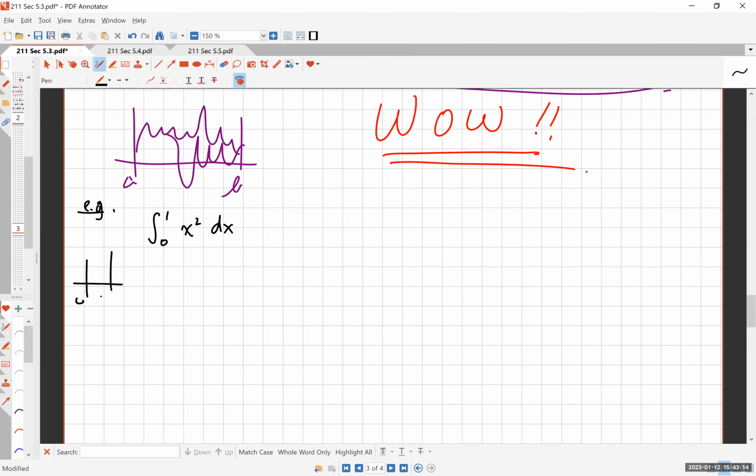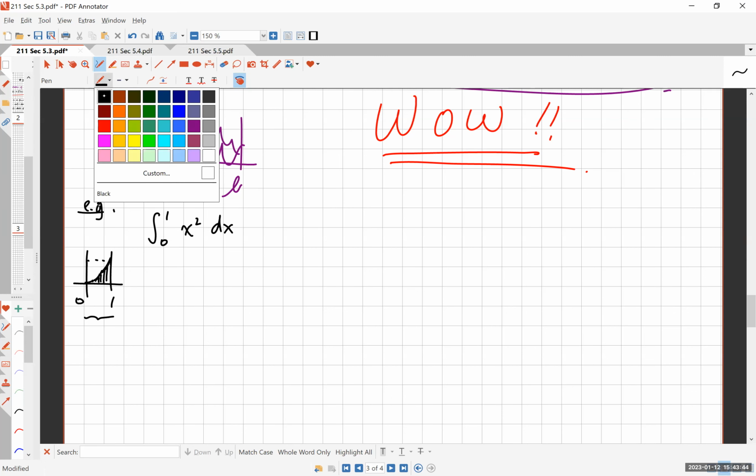That was the conclusion of taking the right-hand approximation of x squared as we divided this interval into n equal subintervals, and you took the limit as n approaches infinity. We found the answer to be 1/3 using that formula for the summation of i squared as i went from 1 to n. That was a long process.